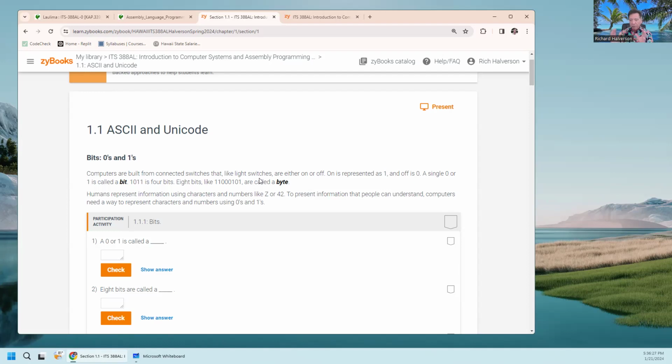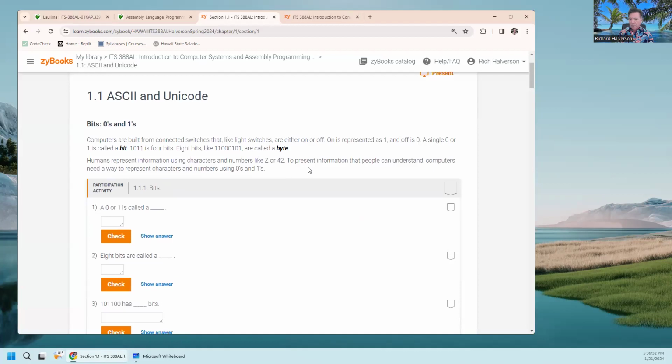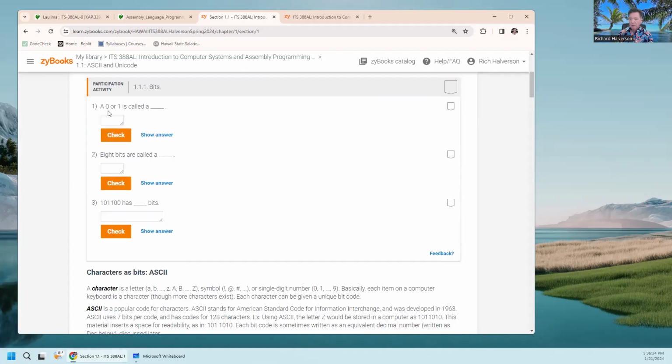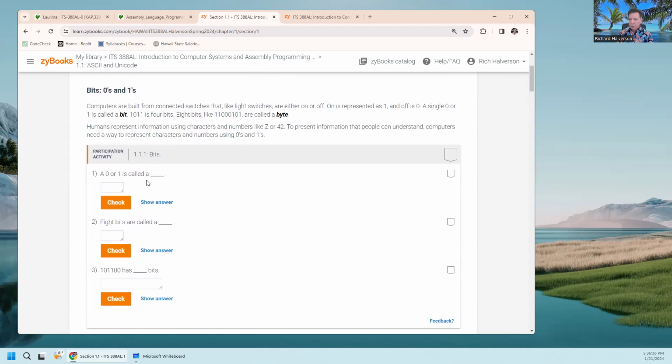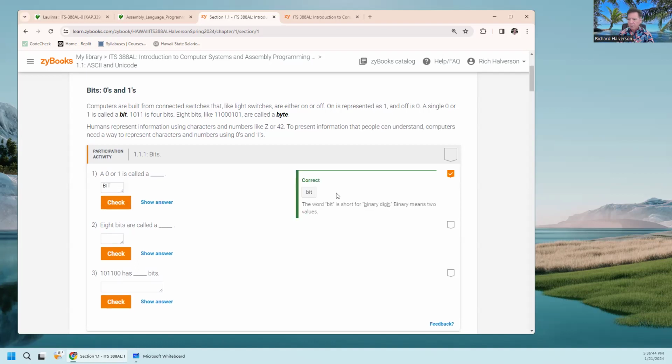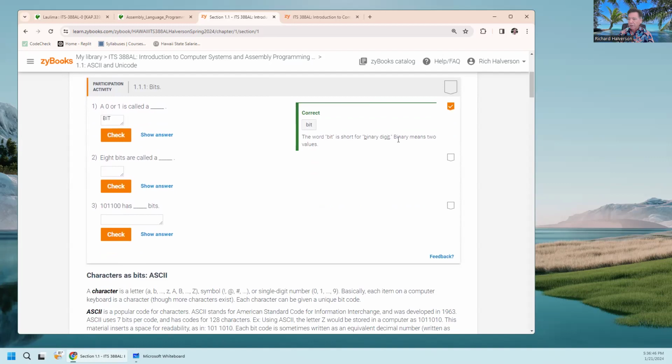When you string 8 of them together, it's a byte, and so on. So a 1 or a 0 is called a bit. You can check that, and it says correct. Binary digit. 8 bits are called a byte, and this one has 1, 2, 3, 4, 5, 6 bits.